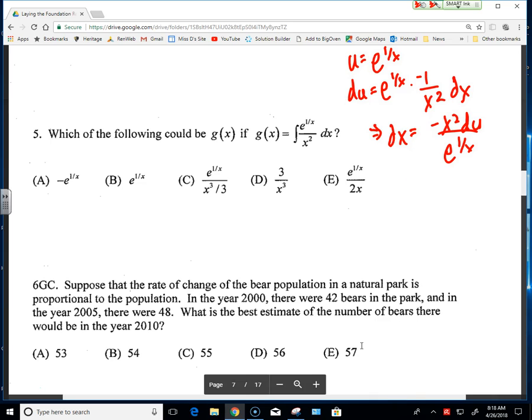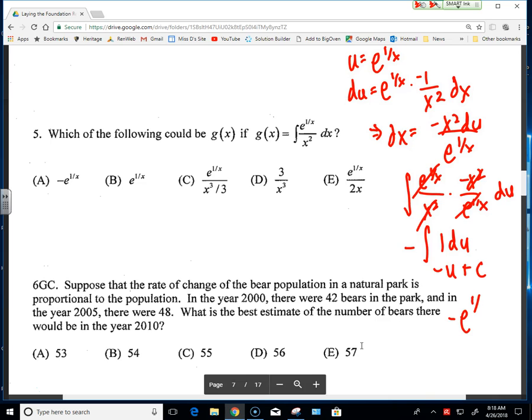Well, I can go ahead and plug in. I would technically say, well, e to the 1 over x is u. But if you guys notice, if we just multiply, not even negative 1, because the u and the u would cancel. And so then my answer would be negative u plus c, and who is u?